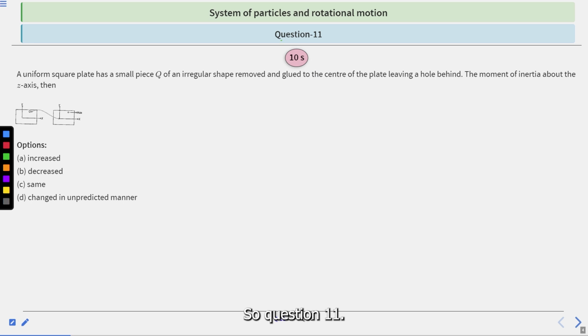So, question 11. A uniform square plate has small pieces of an irregular shape removed and glued to the center of the plate, leaving a hole behind. The moment of inertia about the z-axis, then which option is correct?